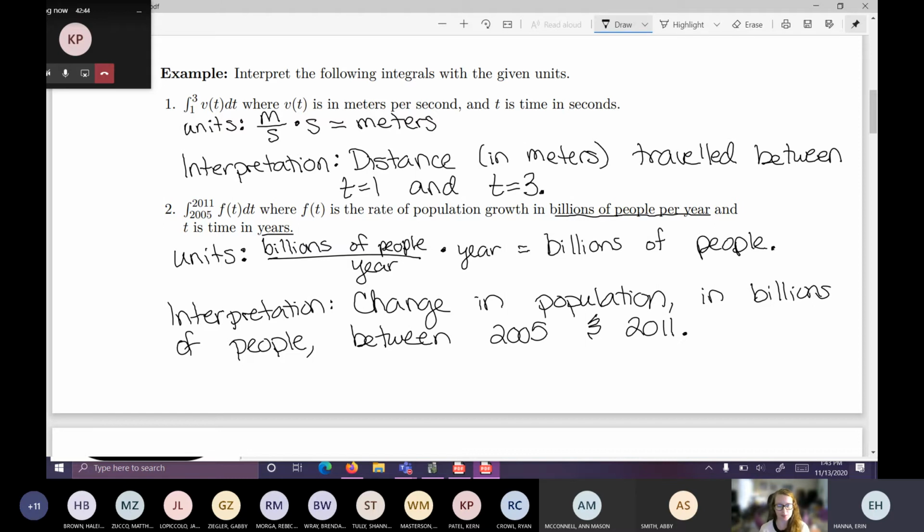So you can either state the actual bounds, both of the bounds together, you can say 2005 to 2011, or you can just use one of the bounds, but then you need some type of other verbiage to help them understand how far they're going. So you could say something like change in population in 6 years, starting at 2005. You didn't tell them it was up until 2011, but 6 years after 2005 will get you to 2011.